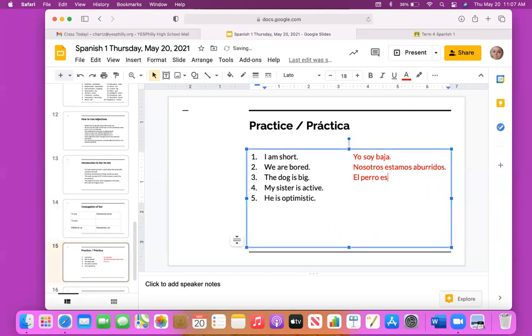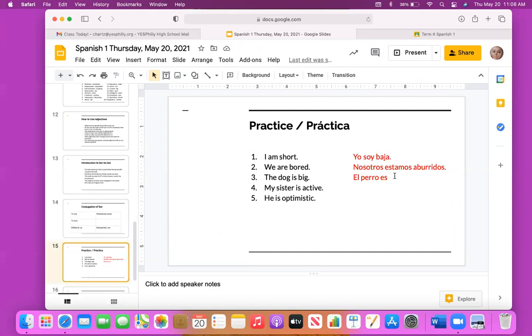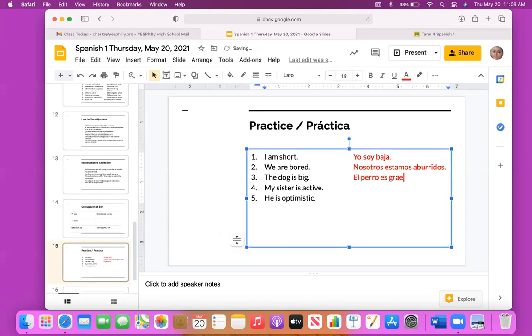The perro is big. So let's go back to our vocab. Big is grande, right? So that's how you're going to say that. And you see, I didn't change the ending. That's because grande doesn't have a change of ending. It's the same for everybody.